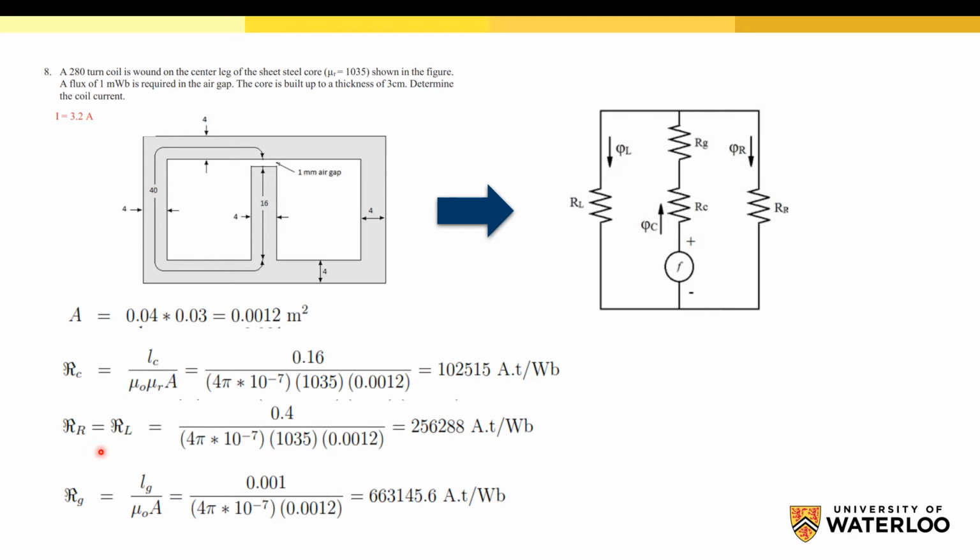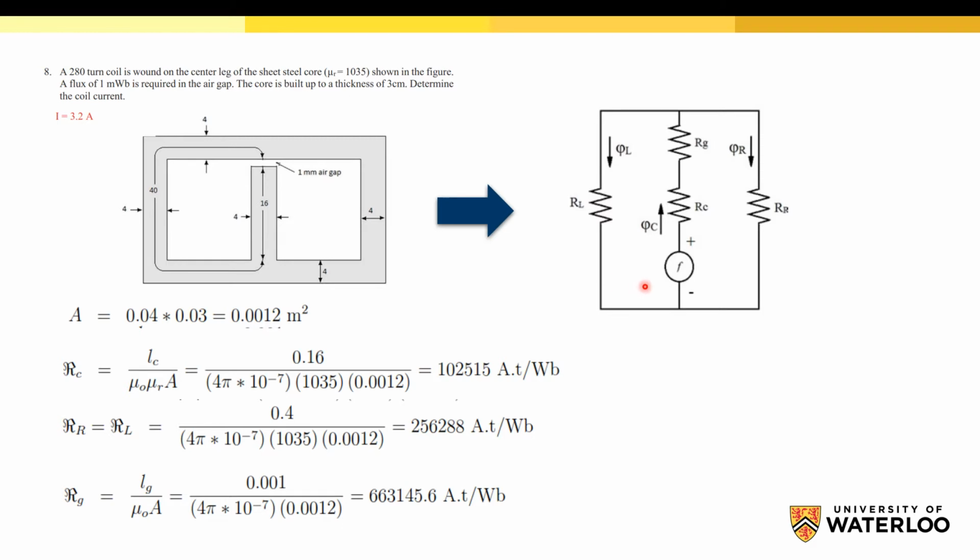Why did we do all of these calculations? It's required to calculate the coil current. In order to calculate the coil current, the only equation that we know that can calculate the coil current is the magnetomotive force.